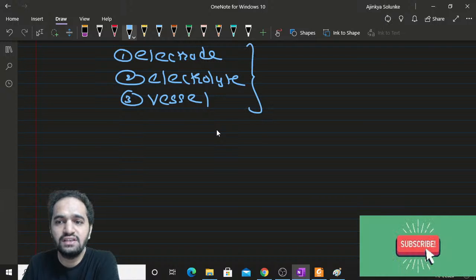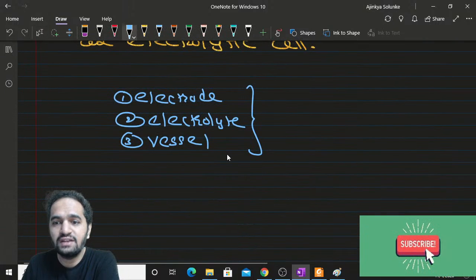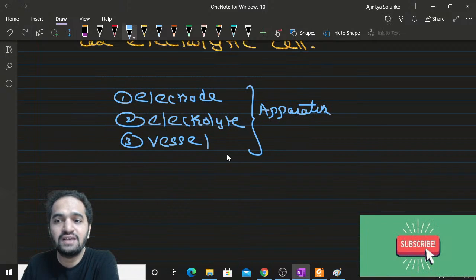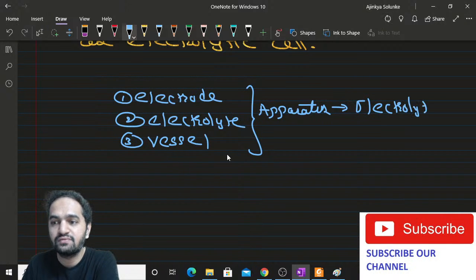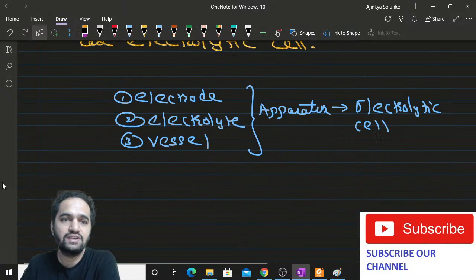These three things are included in our electrolytic cell. All these things come under apparatus, and all that apparatus is called an electrolytic cell. Very simple: electrodes, electrolyte, vessel.